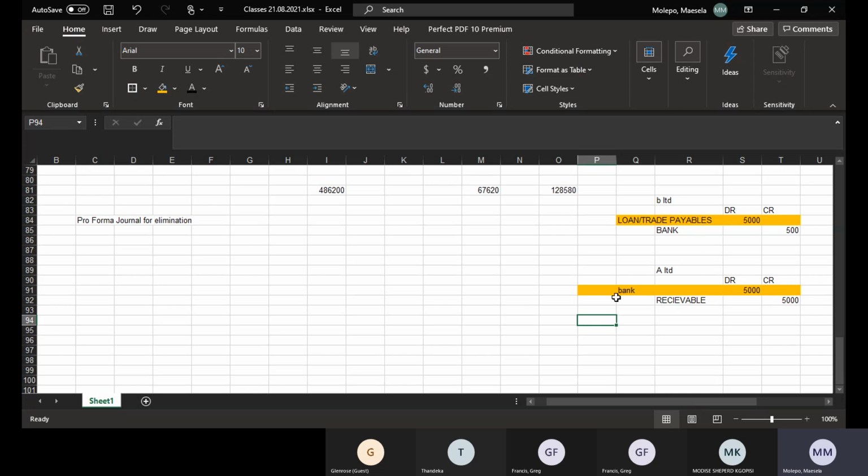So when we reverse them, our cash in transit is that we as the group have to receive an amount of 5,000, and then the loan that we made to B Limited, because it's not yet paid, the cash is still coming. So it means our loan, we still have to increase it back by the 5,000. So the journals for elimination purposes will be cash in transit, which is the bank side.